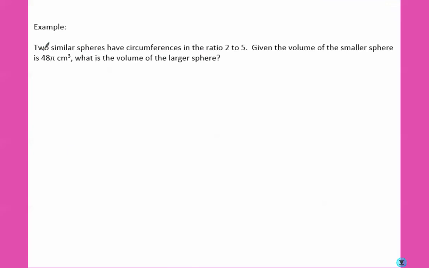So, two similar spheres have circumferences in the ratio 2 to 5. So that's our everything else because it's talking about circumference. That didn't say area or volume in it. Given the volume of the smaller sphere is 4 pi centimeters cubed, what is the volume of the larger sphere? So we're going to start by making our chart.